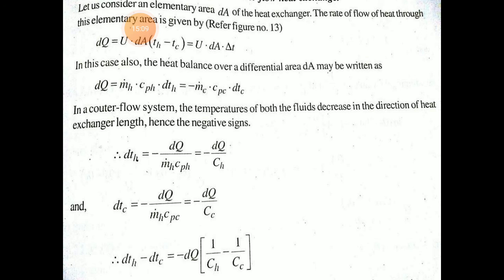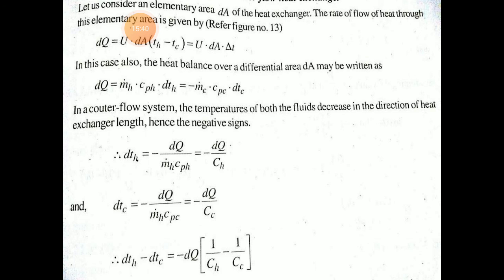Here dQ is equal to U dA (Th minus Tc), that is U into dA delta T. In order to balance the heat from both fluids over the differential area dA, dQ is equal to mH CpH dTh, which is equal to minus mc Cpc dTc.